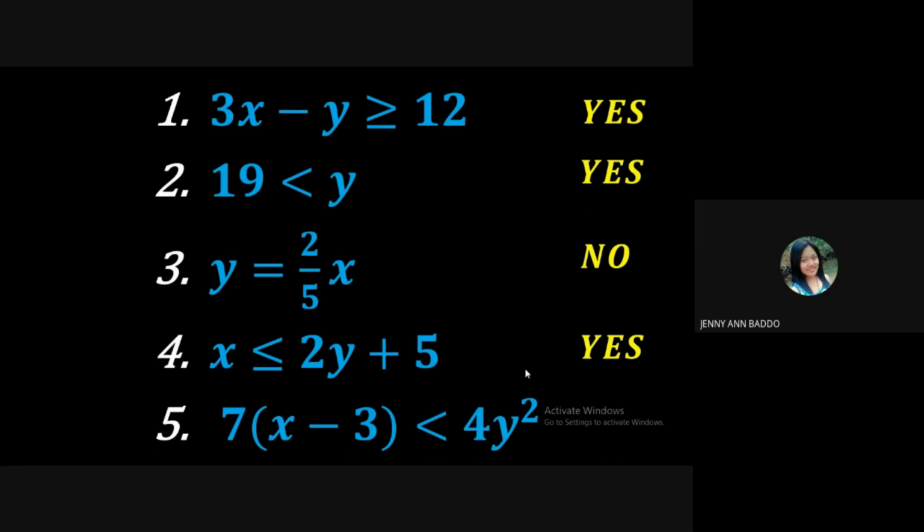You're right. This is not a linear inequality in two variables because of this exponent of y. To make it a linear inequality, the degree of x and y should be 1. So it's not a linear inequality in two variables.